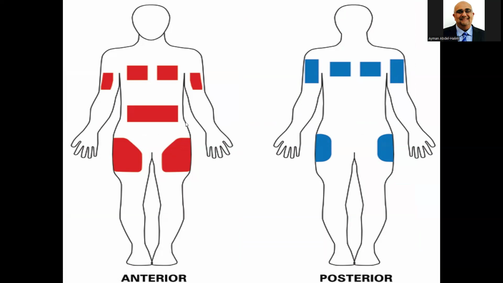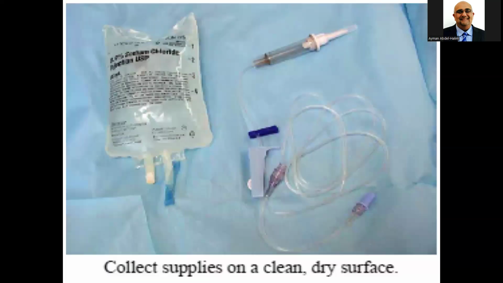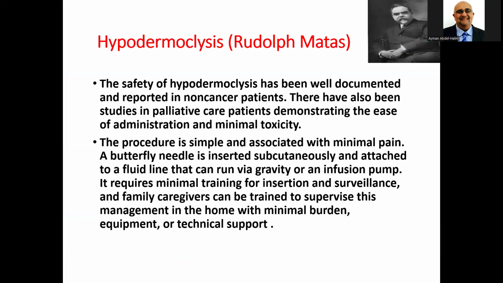This is anteriorly, this is posteriorly, and I usually like to put it here, or in the belly or in the arms. Very cheap method. You can attach the saline to it with a regular IV setup. This technique was developed by Rudolf Matas.